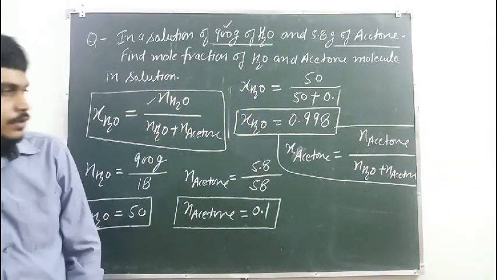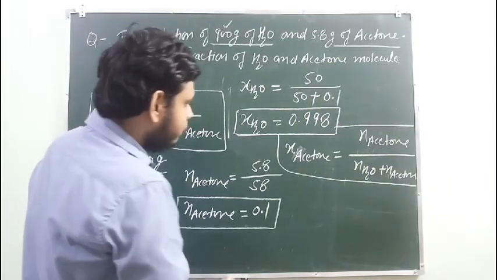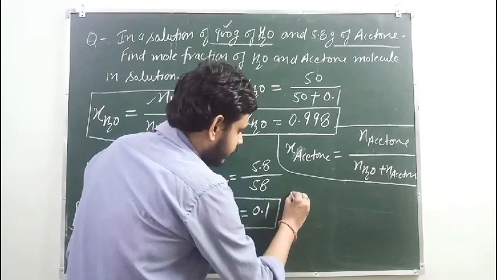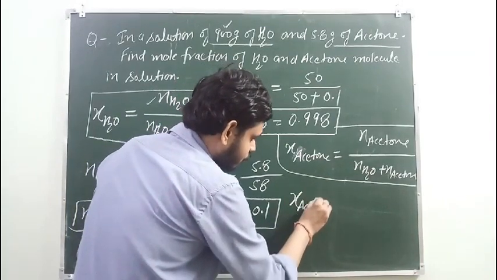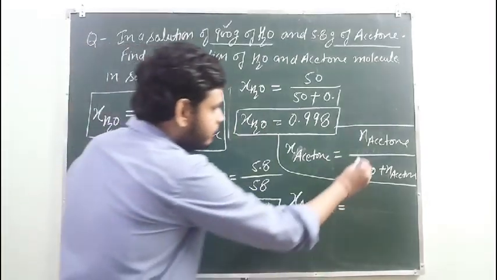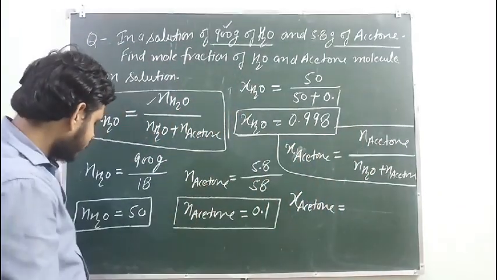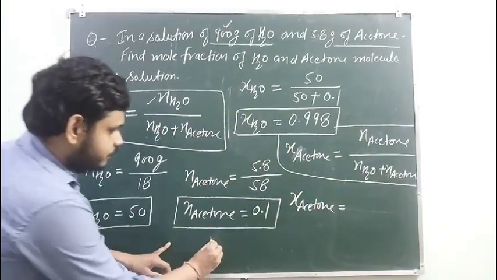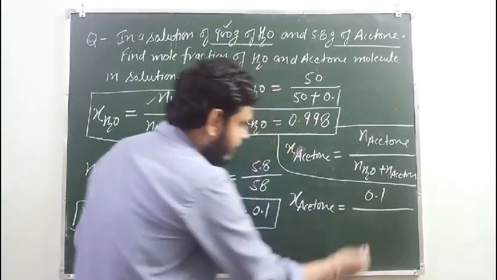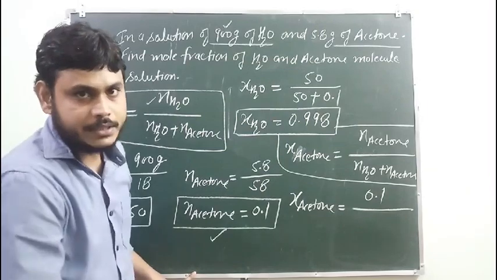Clear? We are putting the value: the mole fraction of acetone is equal to number of mole of acetone, that is 0.1, divided by total number of mole present in the solution.